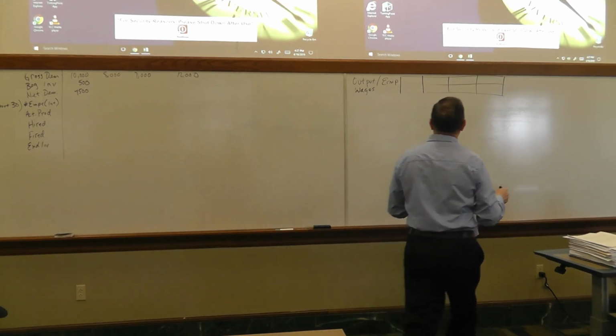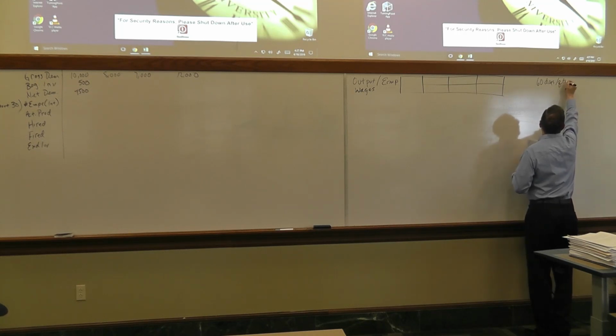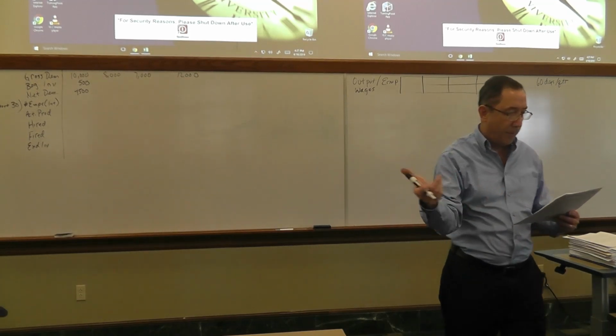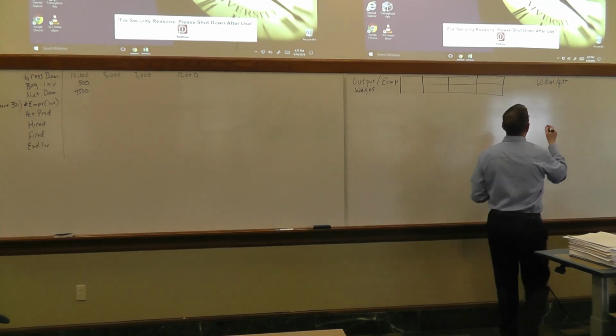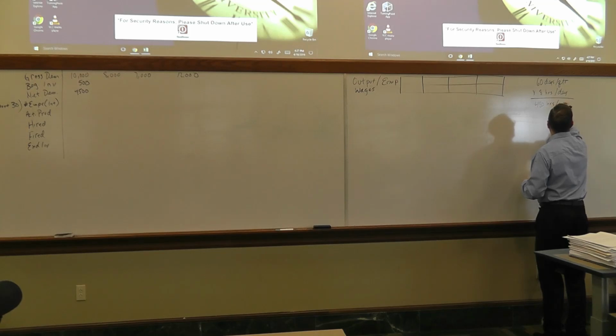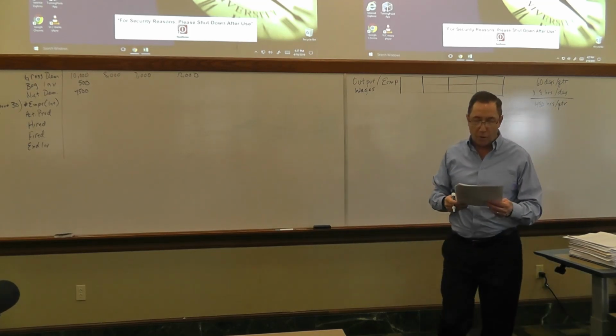We're just leaving it at 60 days in each quarter. And let's do some output calculations. 60 days in a quarter. They're working 8 hours a day. So each worker is going to work 480 hours in the quarter.